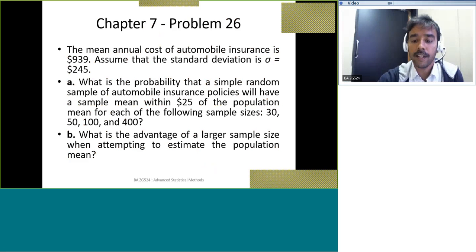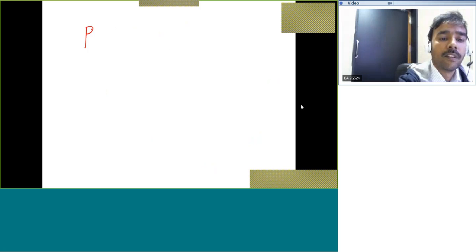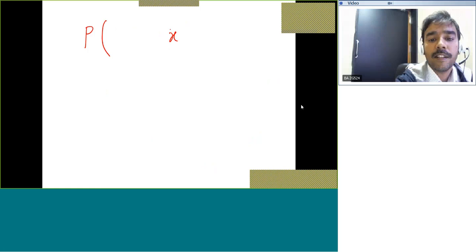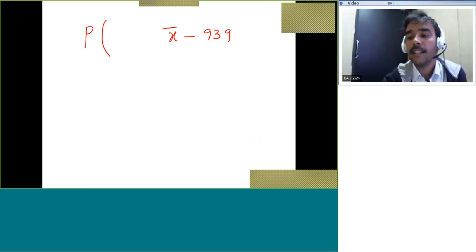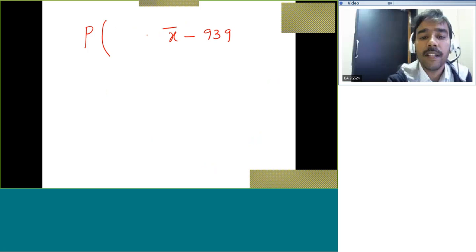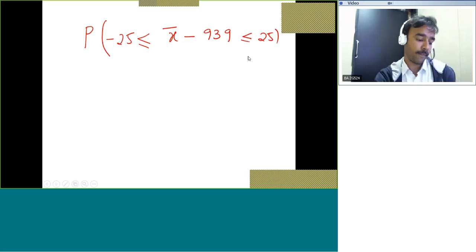We want to calculate the probability that the difference between the population mean and the sample mean is within 25.